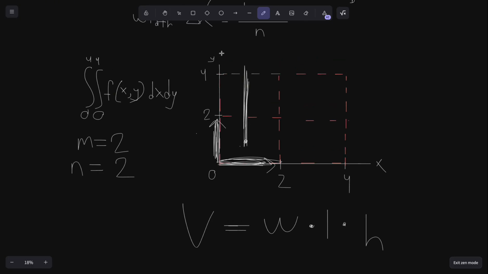Imagine if we had a surface up here that we want to approximate. If I multiply this base right over here, which is essentially width times length, by the height, then I'm going to get this rectangular prism up here.